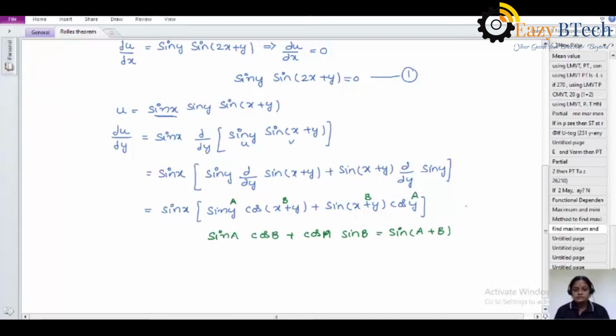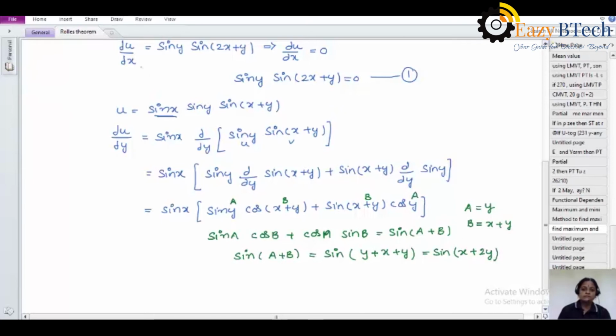So according to this term, the value of A is y and the value of B is x plus y. So applying the formula, that is sin(A+B). Substitute the values. Sin A means here y and B means x plus y. So sin of x plus 2y.